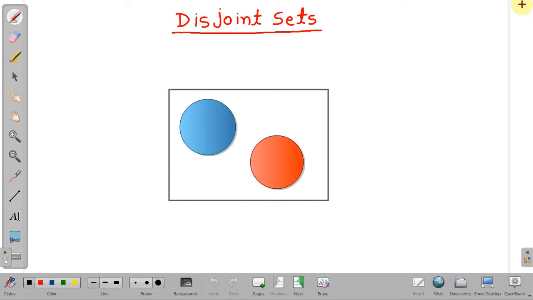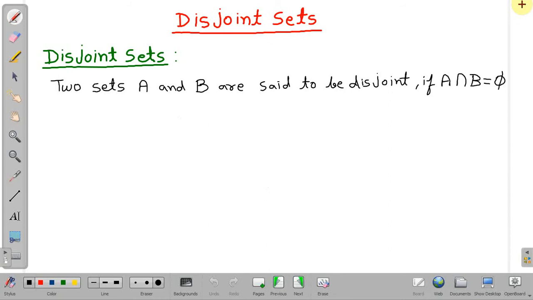In this lecture, we will discuss disjoint sets. So, what are disjoint sets? Two sets A and B are called disjoint sets if A and B have no common elements. That is, A intersection B is empty.